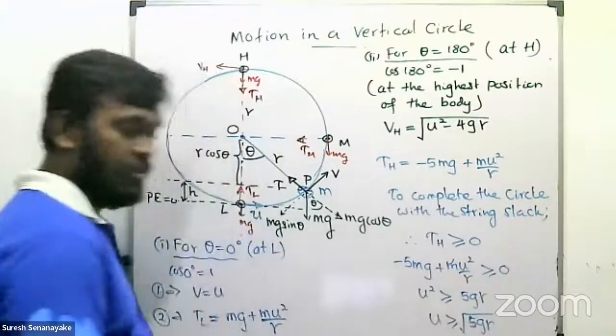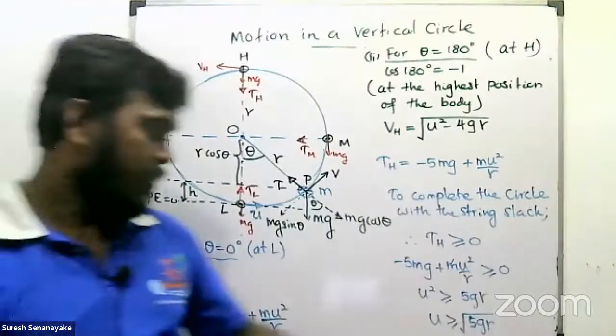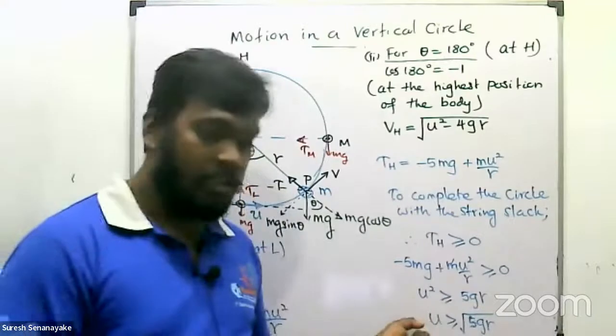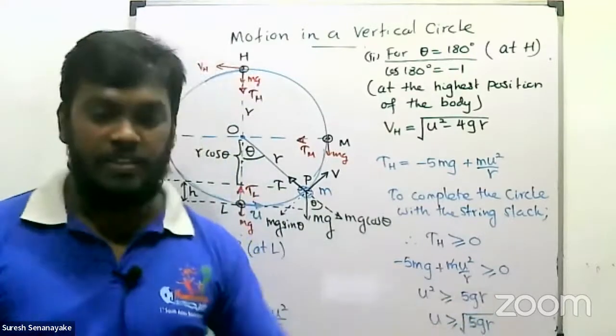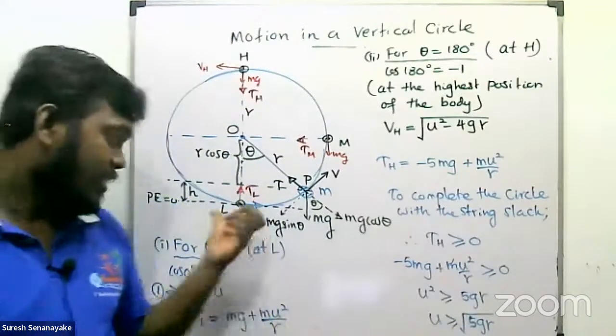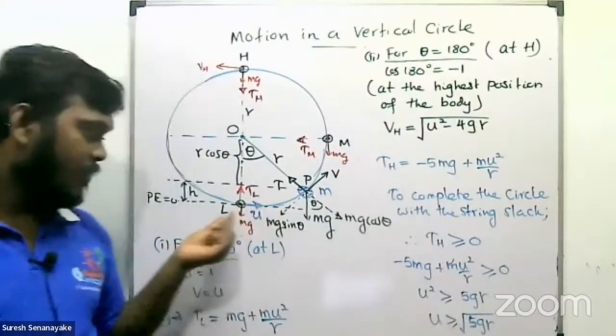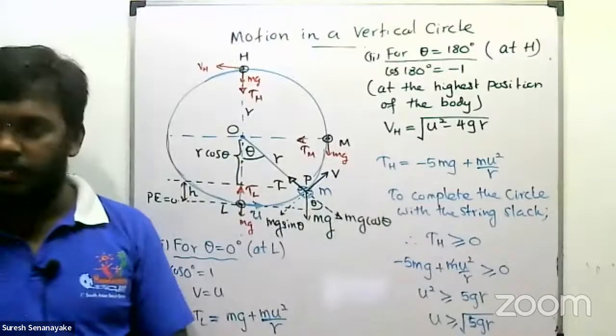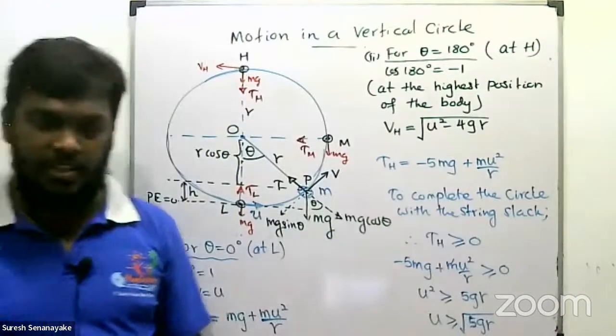At least the minimum velocity at the lowest point should be the square root of 5gr. If this velocity is not given at this position, it will never cross the highest point H. It will not complete the circle.